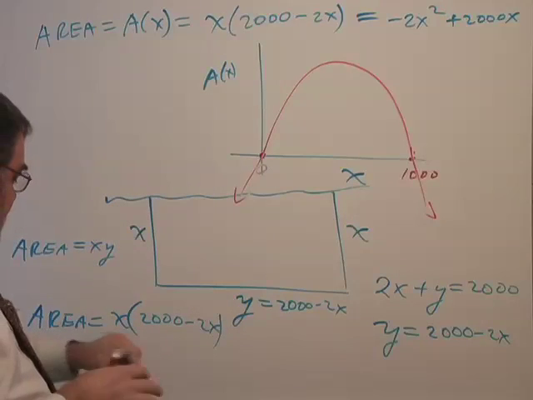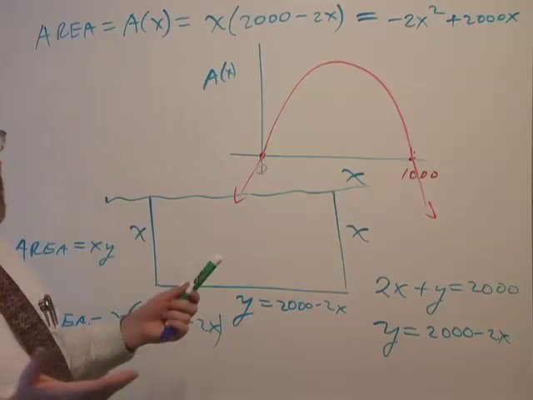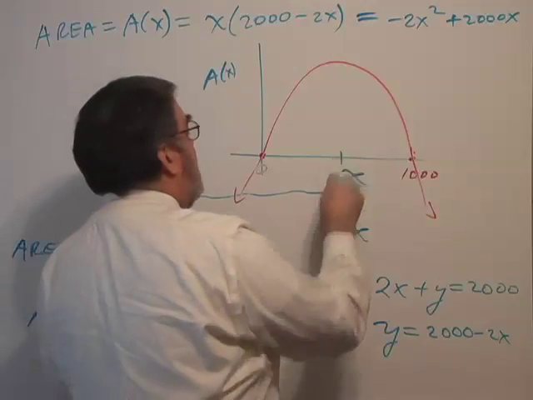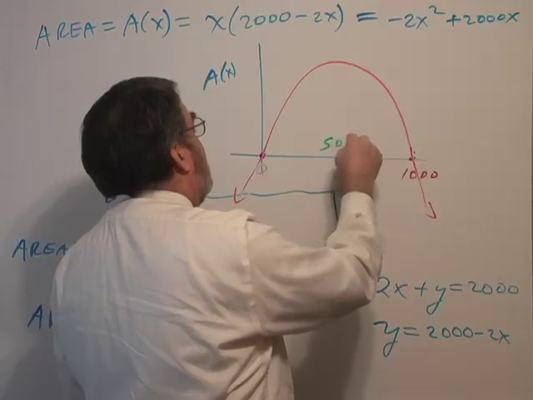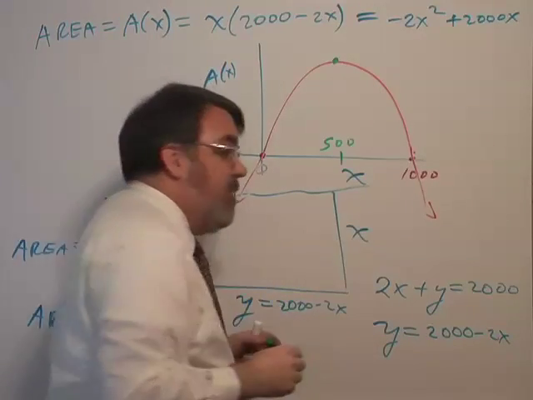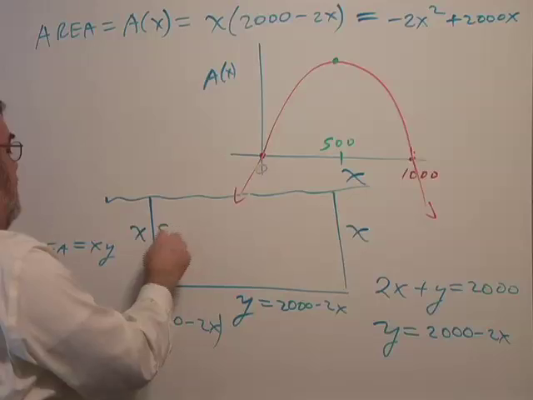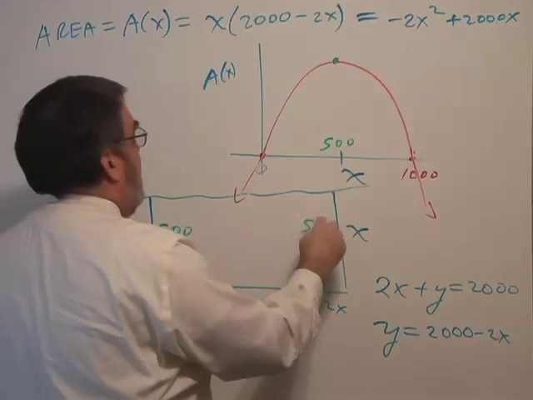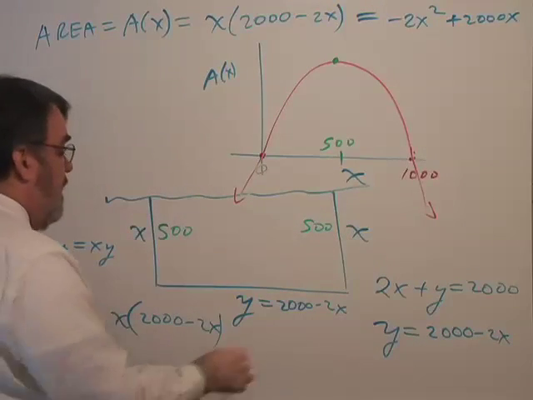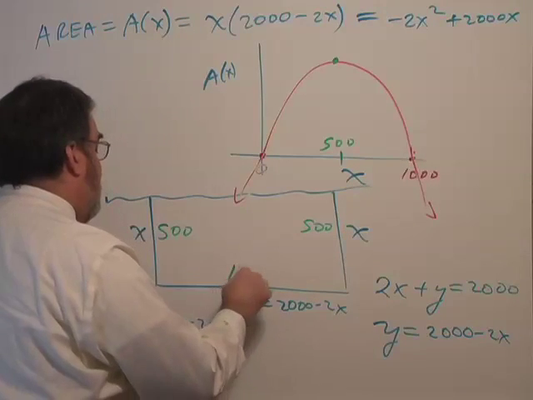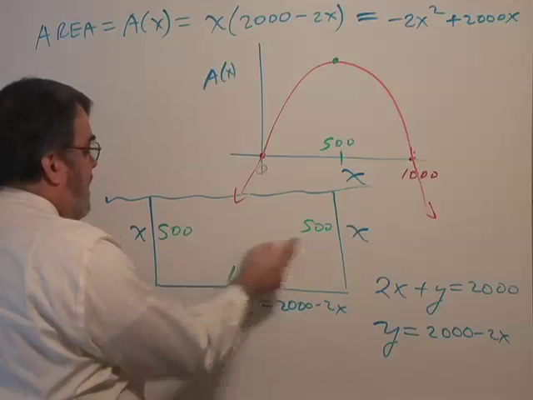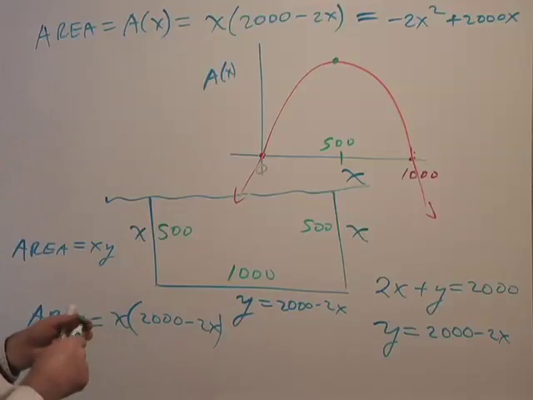So where is the vertex on this? It would be exactly in the middle, wouldn't it? Right there. What is that number? It's a little crowded here, but it's 500. So when x is 500, I should have the maximum area. And if I plug 500 in here, 2,000 minus 1,000 is 1,000. And indeed, these three numbers add up to 2,000. So that should be the maximum.